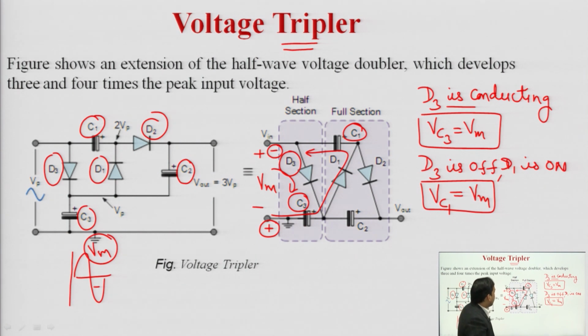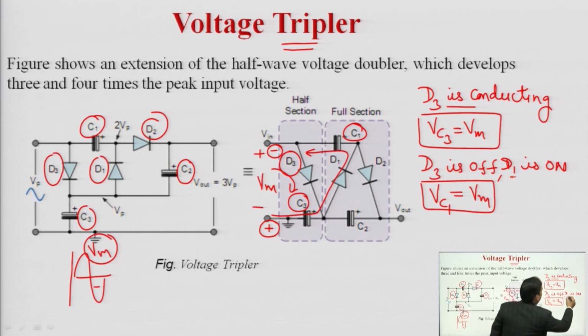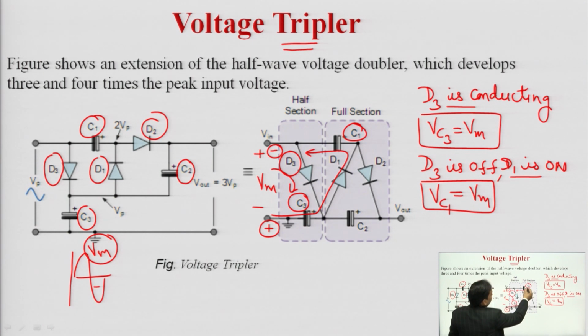Sorry, when D3 was off, D1 was on. So this voltage Vc1 was not Vm, it is 2 times Vm, because we apply KVL in this particular loop.